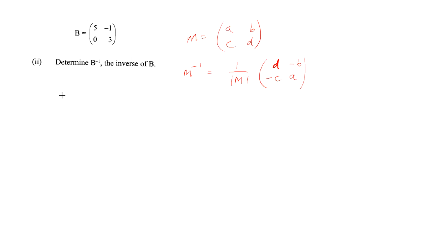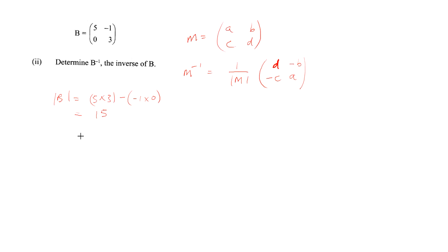All right, so the first thing we need to do is find the determinant. So the determinant of B is equal to 5 multiplied by 3 minus 1 by 0. So this will be 15.